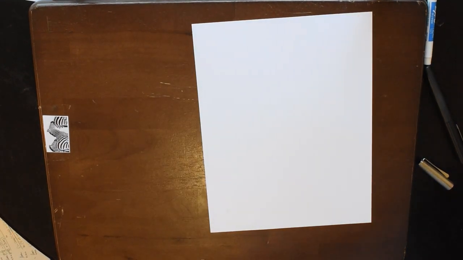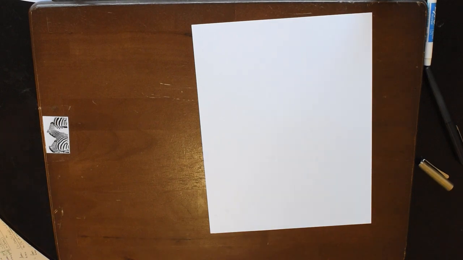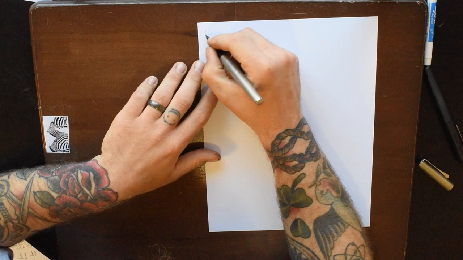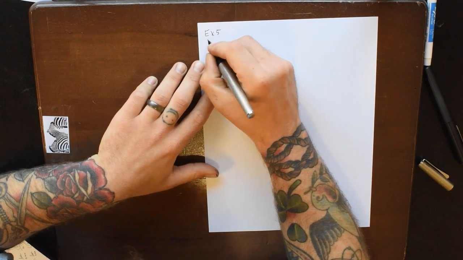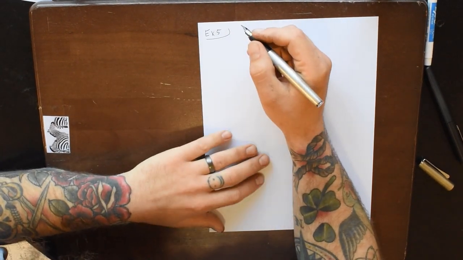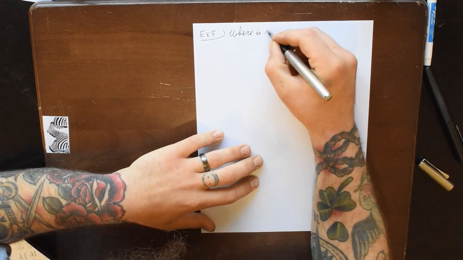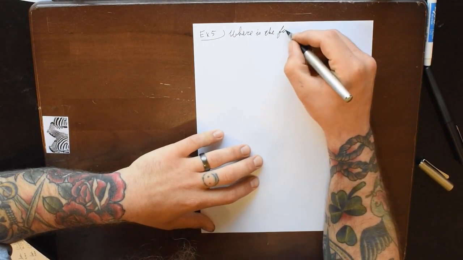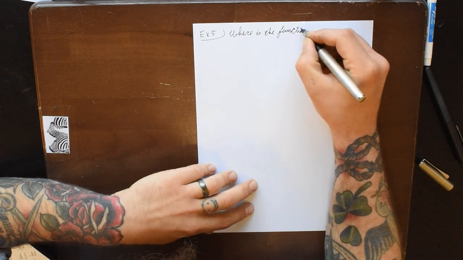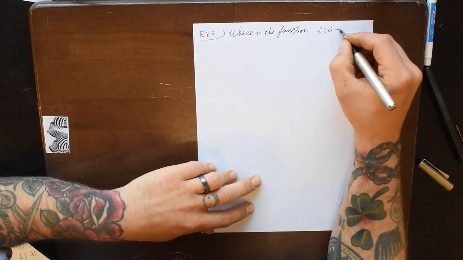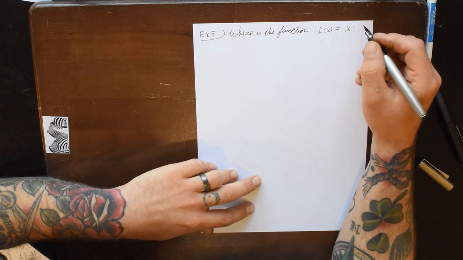Cool, so let's explore that definition with an example. This will be example 5. And example 5 is asking, where is the function f of x being equal to the absolute value of x differentiable?